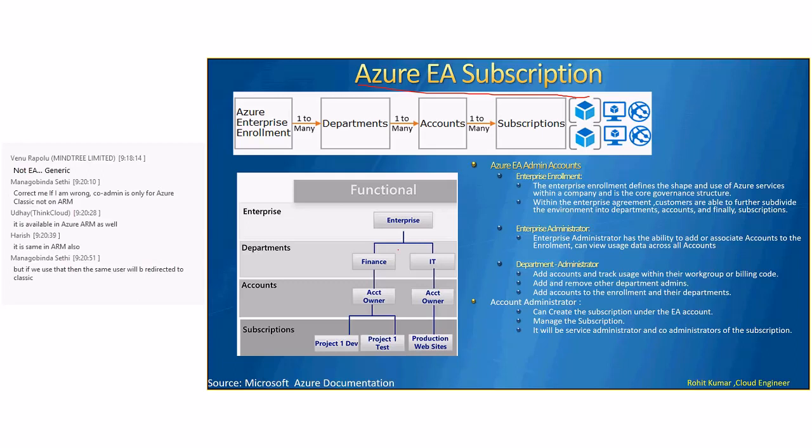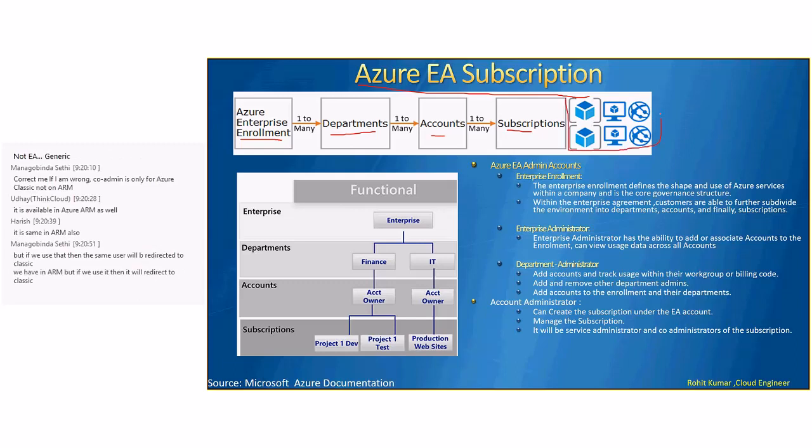This slide was made by one of my core team members, Rohit Kumar. If you want to enroll with Azure enterprise enrollment, then you need a live ID, and then your account would have the departments, accounts and the subscriptions, and you will have all the resource access here.